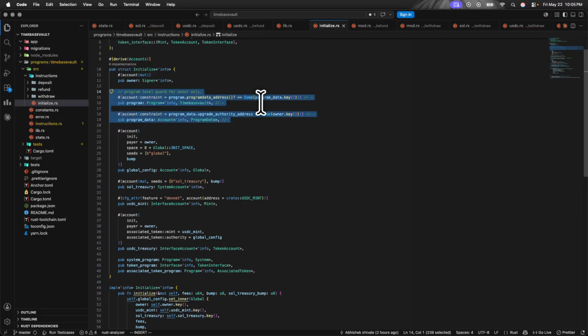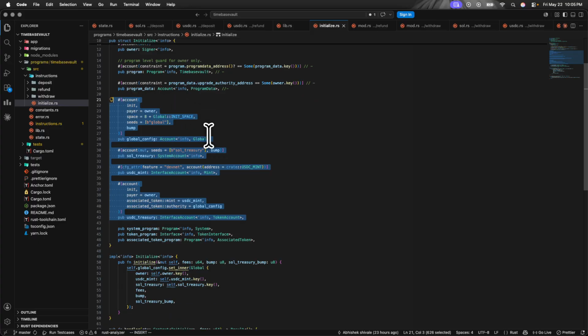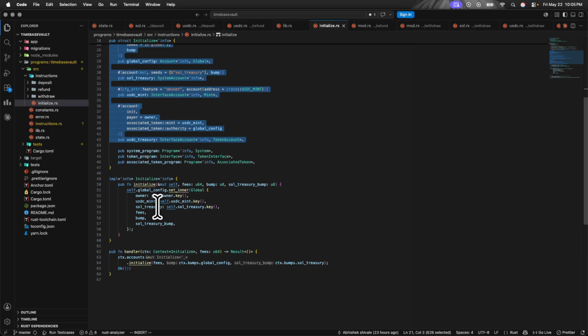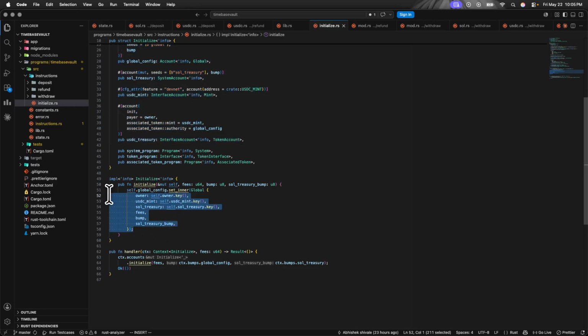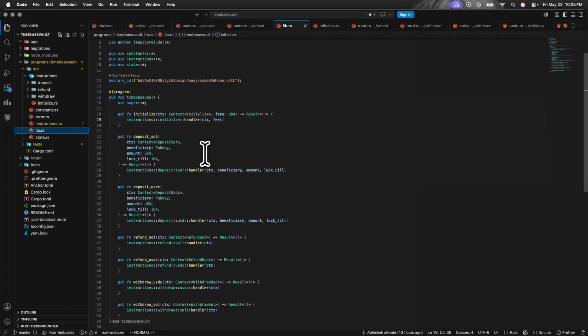Then we are stating the accounts that we will be using in this instruction, and initializing the global struct with the data we have, including the percentage of fees we're going to charge from the user. Let's move on to the next stage.